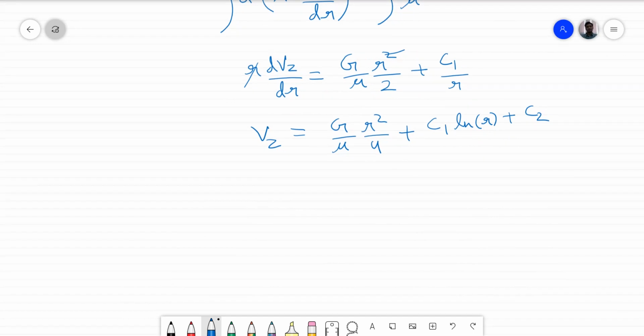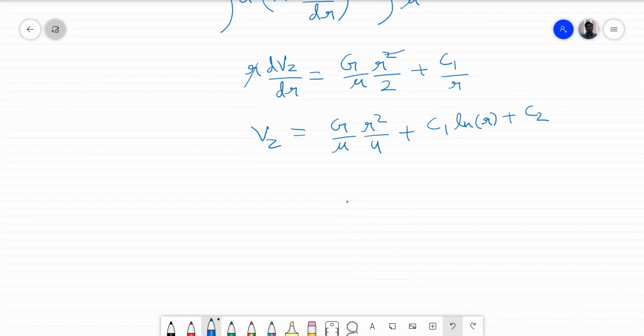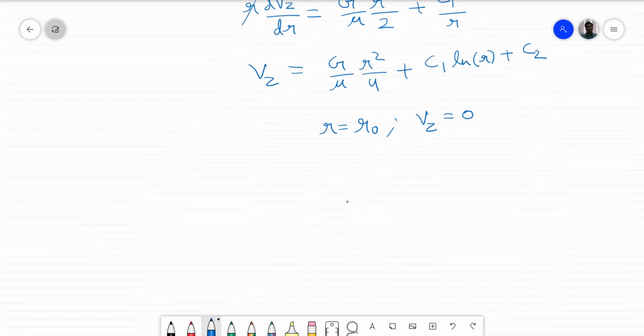Now what are the boundary conditions here? The boundary condition is that at r equal to r naught, Vz is 0 because of the no slip boundary condition.